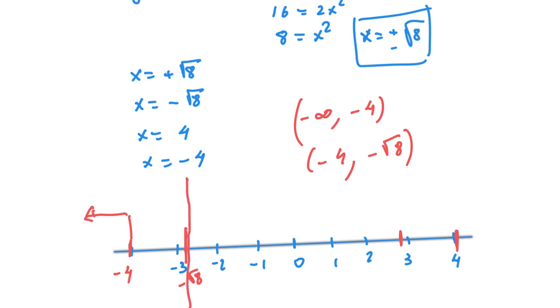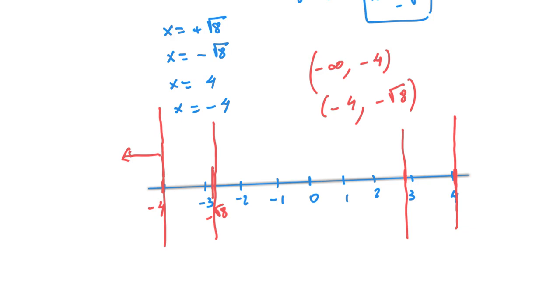This is one interval here. Another interval. Let's erase this line. So we'll put the sign here, positive or negative. And the other interval is this one.